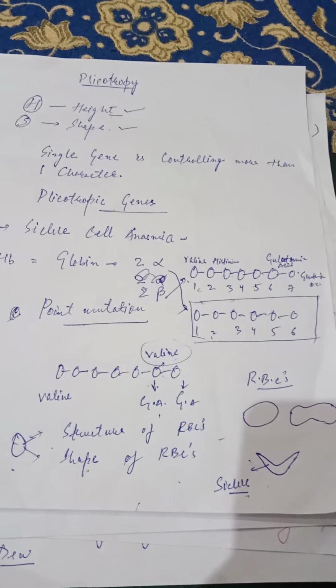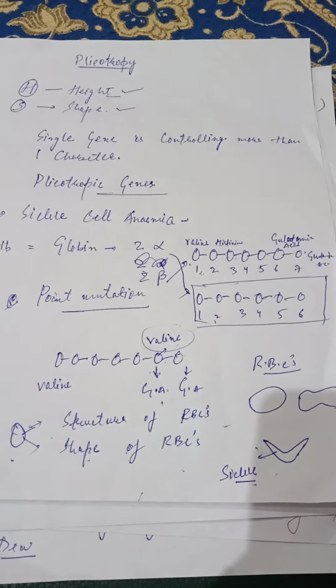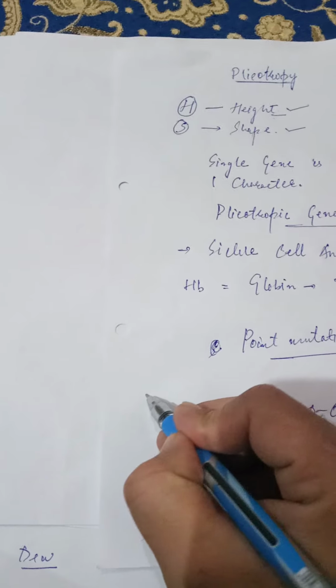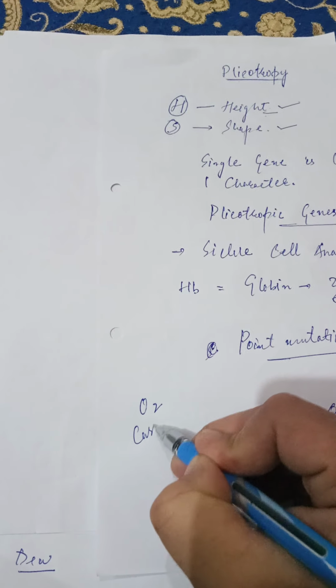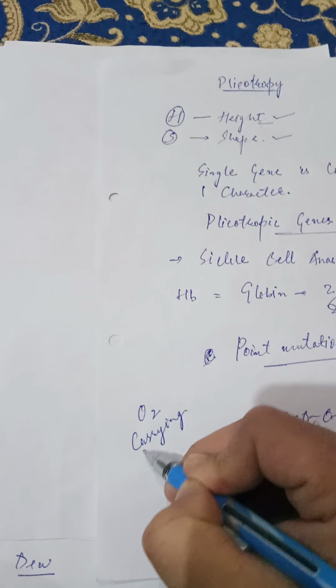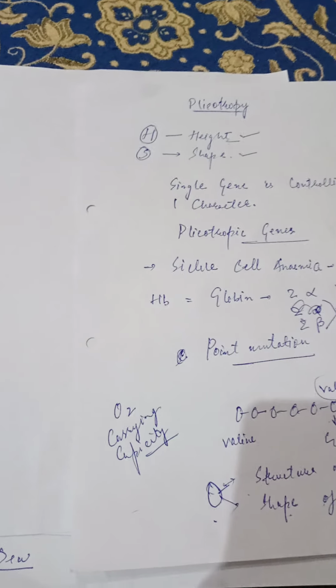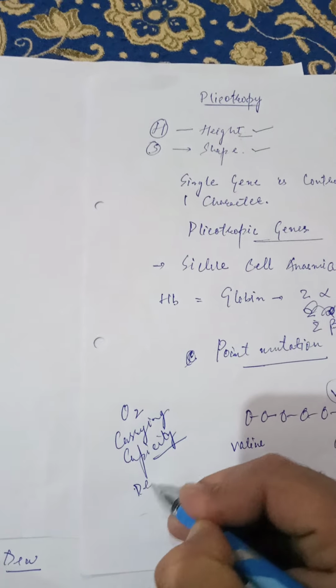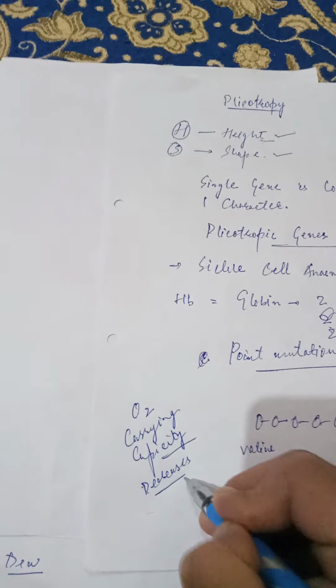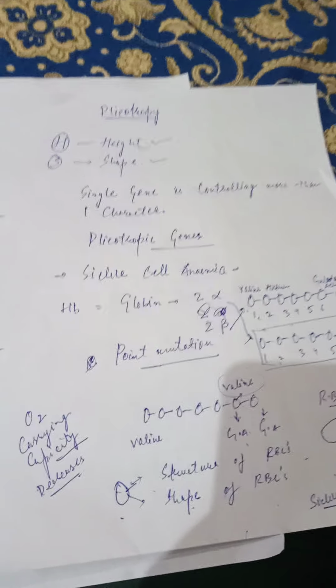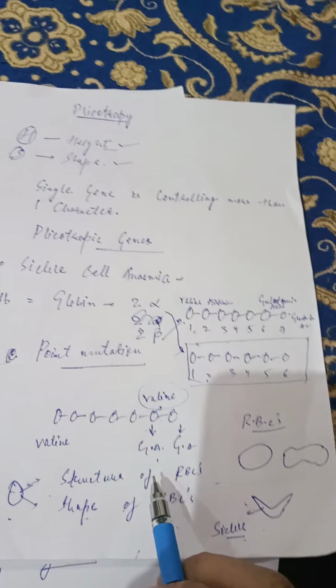Now the shape of the RBC becomes sickle-like, and an important thing, the oxygen carrying capacity lowers down, decreases, right? This is how a single gene is controlling more than one character here.